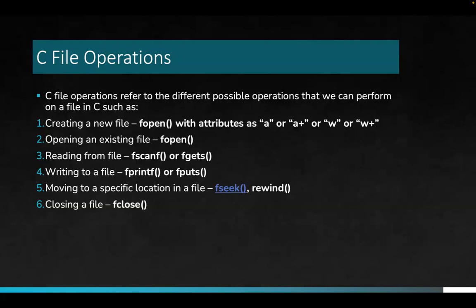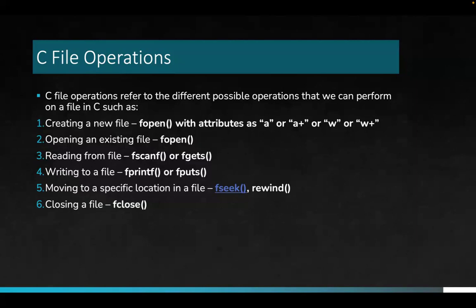Otherwise, if you keep the file open, junk data will keep getting appended into the file, and it will become a meaningless file. So that is the reason that once you open the file and perform whatever actions are needed, at the end it's a standard approach to close the file.